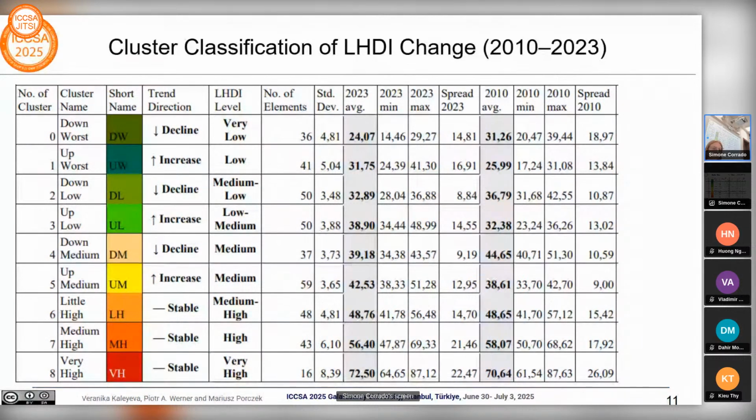In the red group, we can see that the parameters are stable, and in the other groups there are clusters that are declining and clusters that are increasing. Red clusters with the letter H, for high, represent units with consistently high levels, and the letter W, for worse, represents units with the lowest parameters, and U and D stand for up and down respectively.